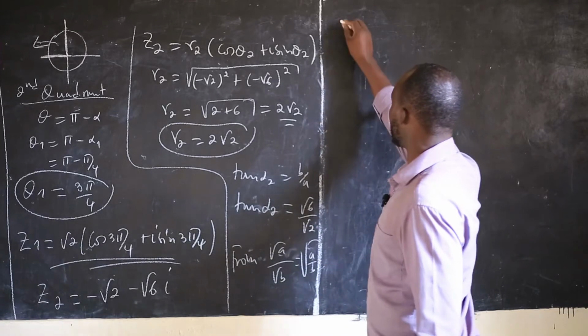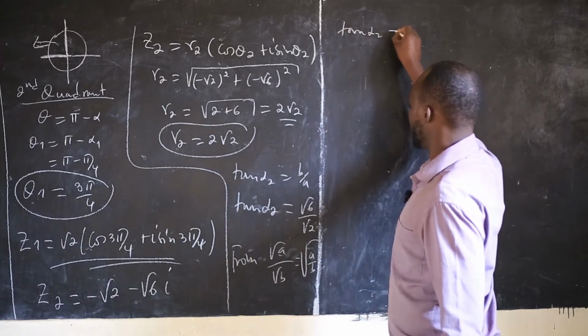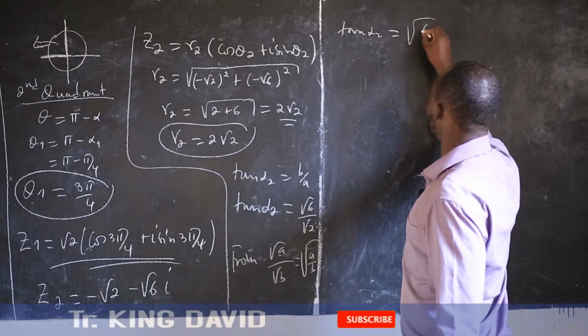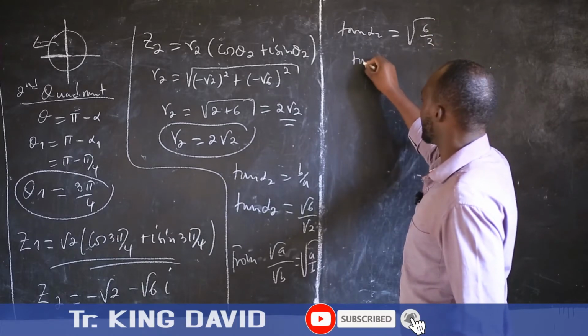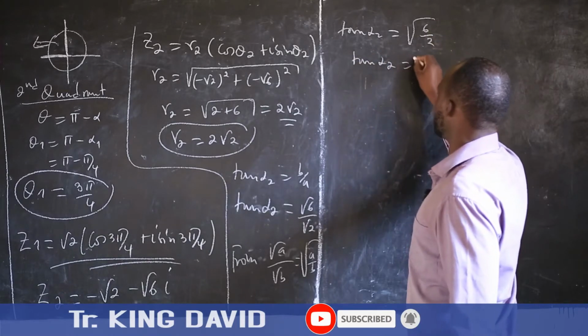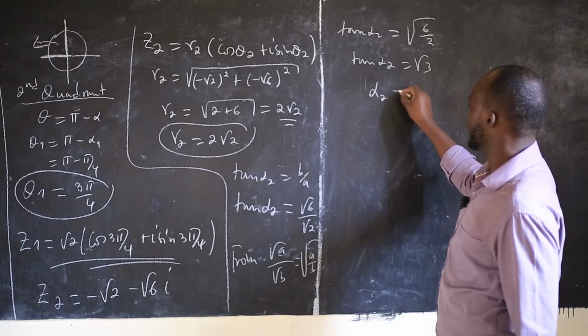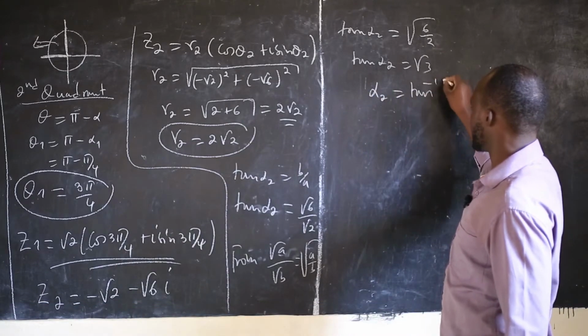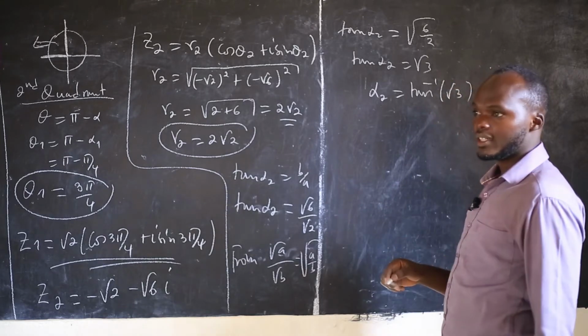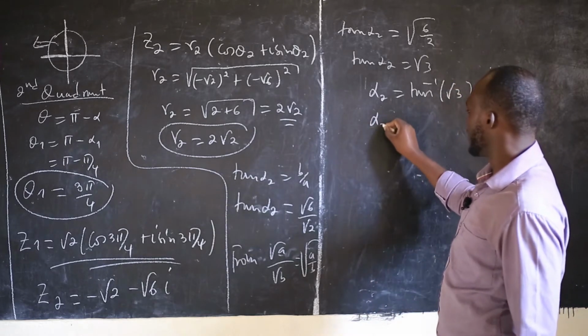So tan alpha 2 is root 6 over 2, which is root 3. Then alpha 2 is tan inverse of root 3, which is 60 degrees, pi over 3. So alpha 2 is pi over 3.